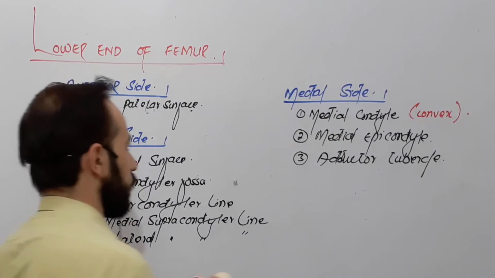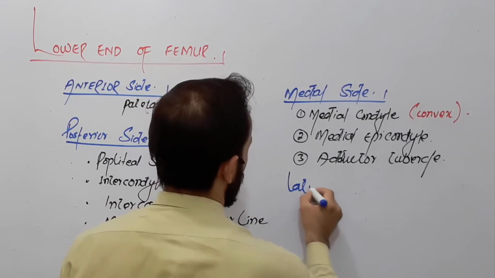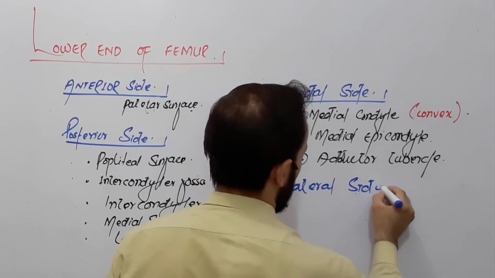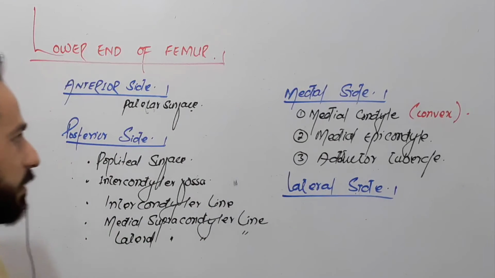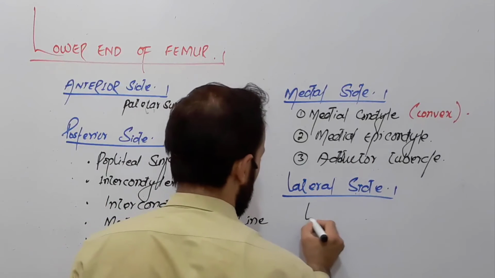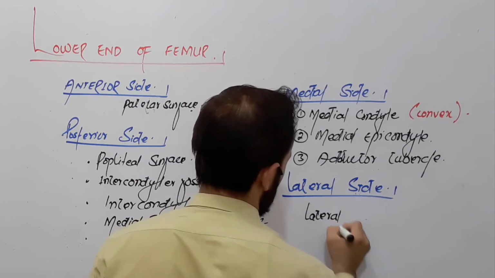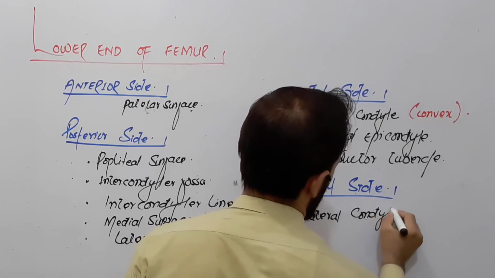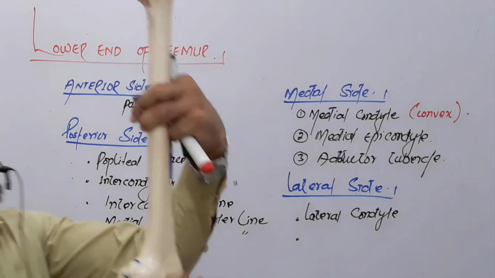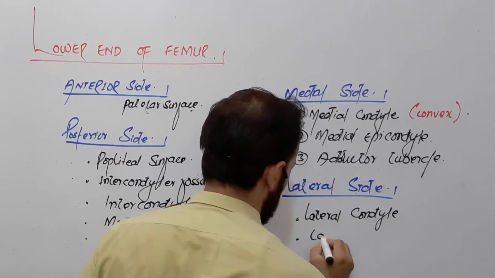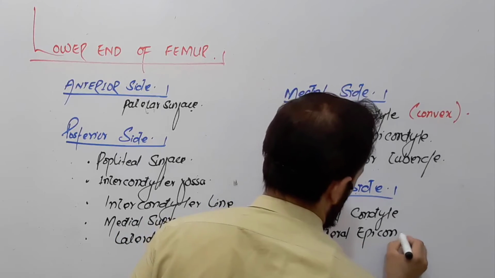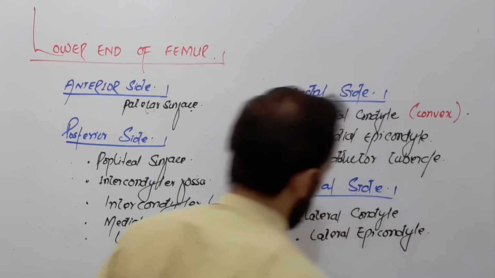Then there is the lateral side of the lower end of the femur bone. So the lateral side has the same things, but with a little bit of differences. If there is the medial condyle, then there is also a lateral condyle, right? And if there is the medial epicondyle, then there is also a lateral epicondyle, right friends?